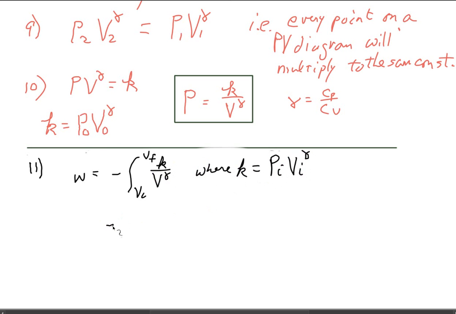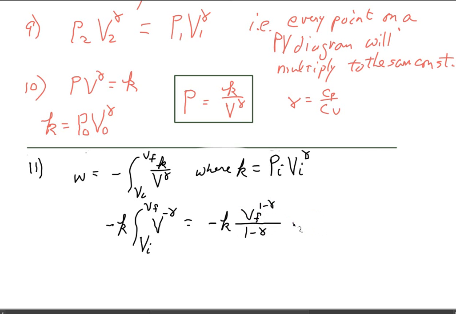Now, to do this, we're going to have minus K as the integral from V initial to V final. I'm going to rewrite this as V to the minus gamma. That puts it in a form where almost everybody can recognize the integral. So it'll be minus K over V final to the power of 1 minus gamma over 1 minus gamma.